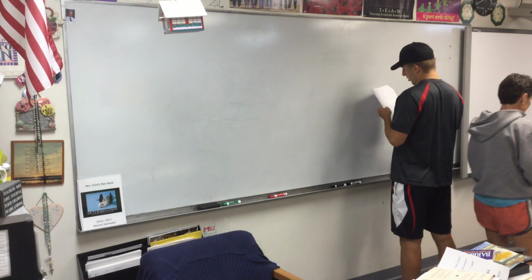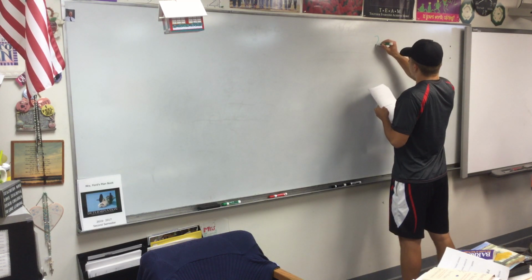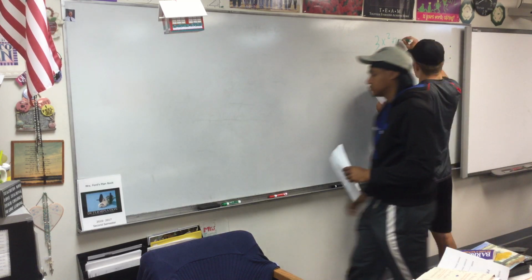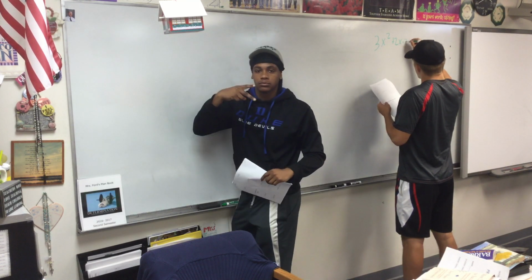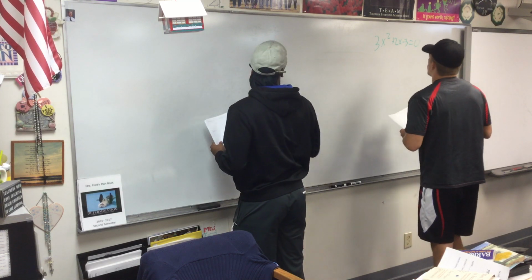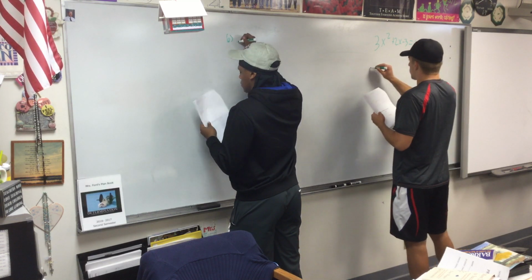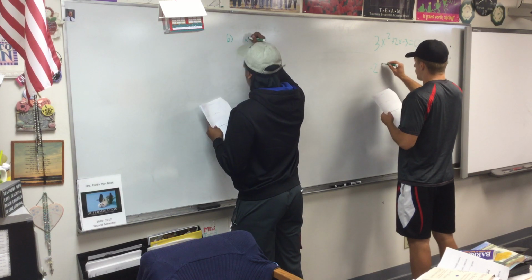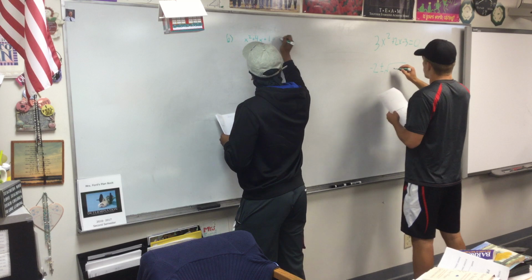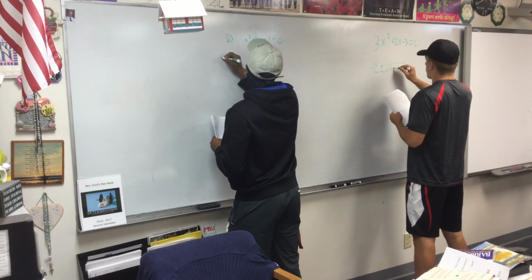So we got 5, 6, and 7 going, using the quadratic formula. And do not fear if you end up with radicals. You very well could end up with radicals.